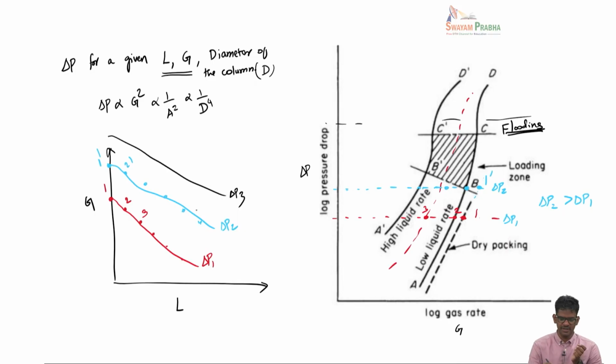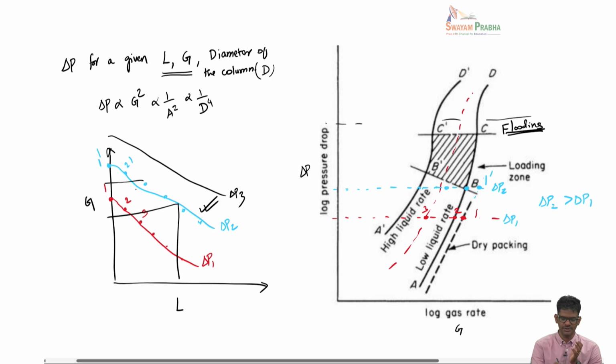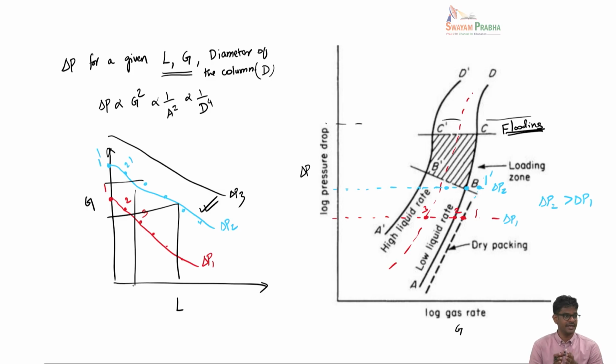So I can choose a particular line corresponding to that particular design or target pressure drop, and then I can choose different possible combinations of L and G. Okay. So this is not iterative anymore now, because in one go, I can set the pressure drop requirement, I can calculate the desired gas and liquid flow rates or flow velocities. Okay. And this has become very useful in that sense.